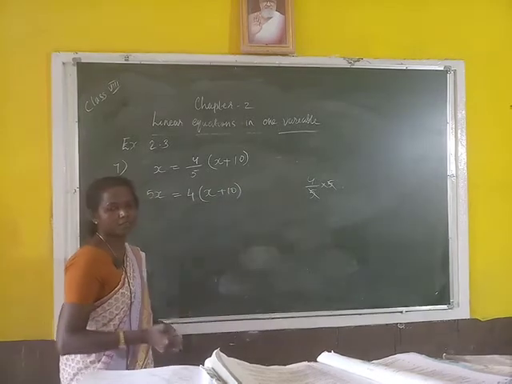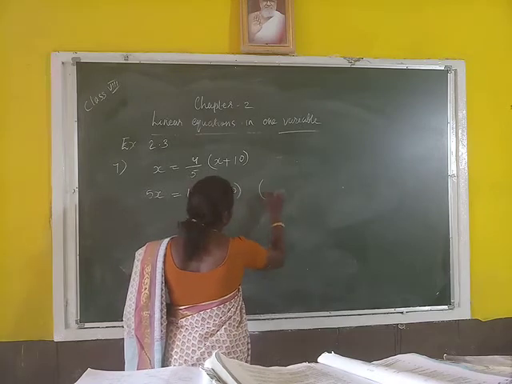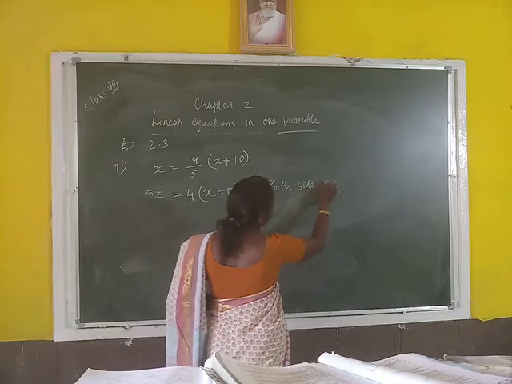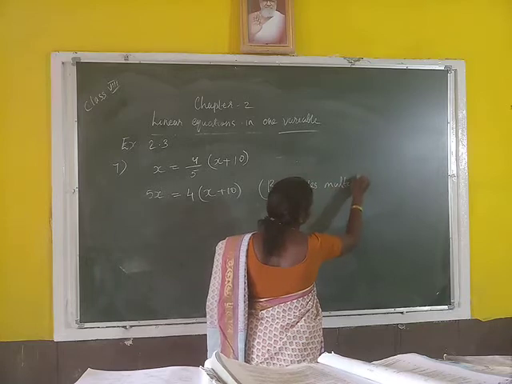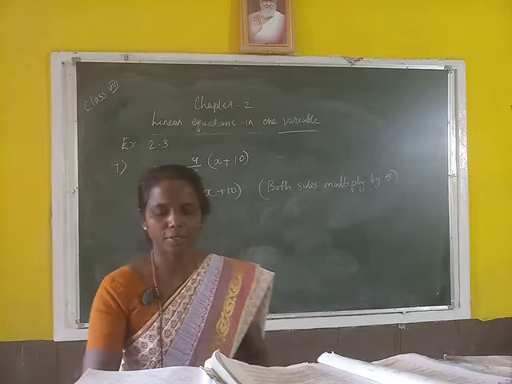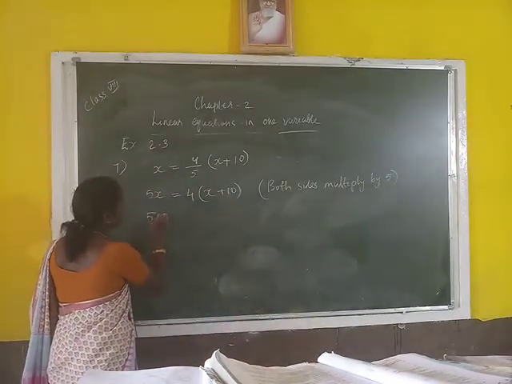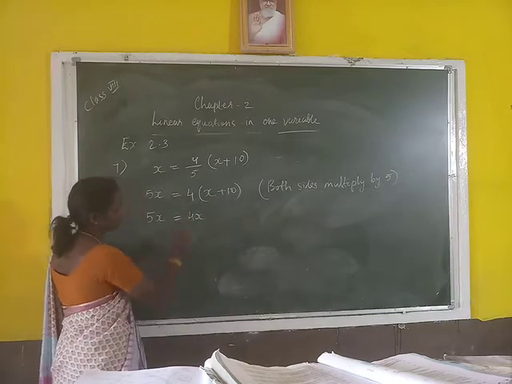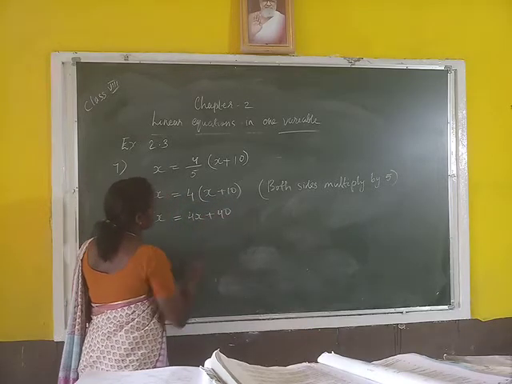Is it clear? Then we can write, both sides multiplied by 5. Then 5x is equal to 4x, 4 into x, and 4 into 10, 40.